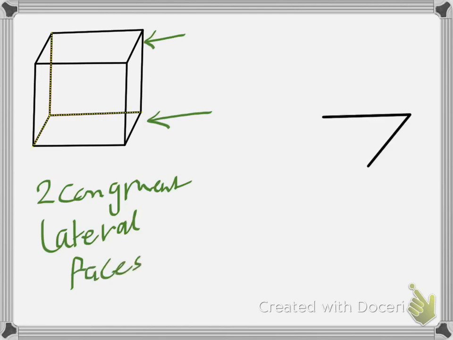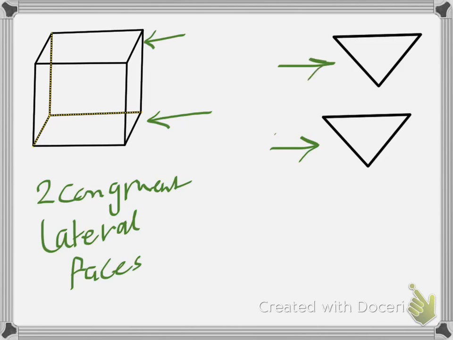Let's see another example in here. It's the same in here. We have two congruent triangles, and these two congruent triangles will make our prism bases. Then we will start connecting between them with line segments to form the lateral faces.